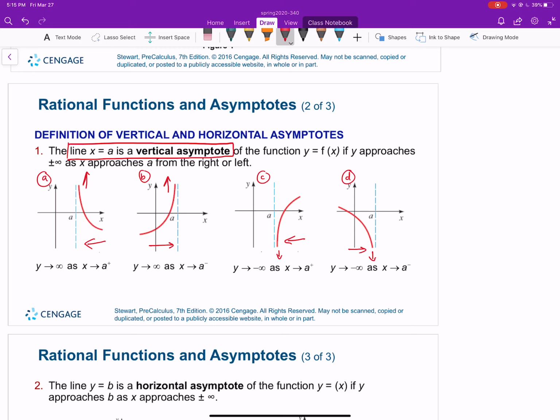Likewise, it's also possible to have both happen in C and D, in the sense that as you approach a from the left and a from the right, you're both going to negative infinity.